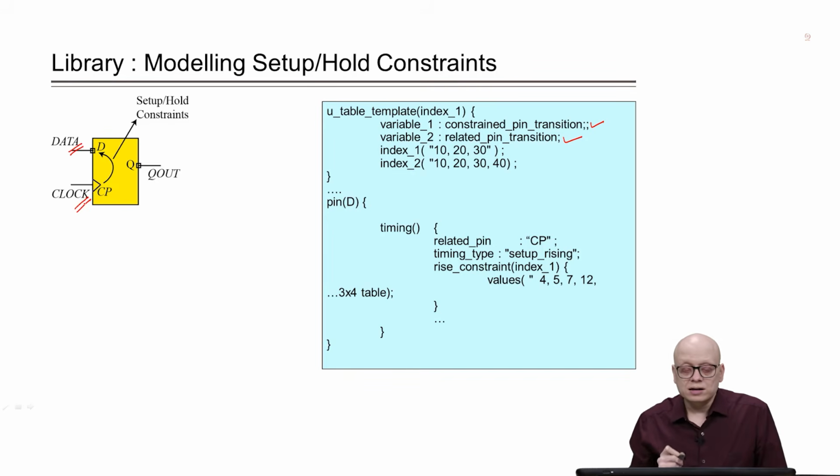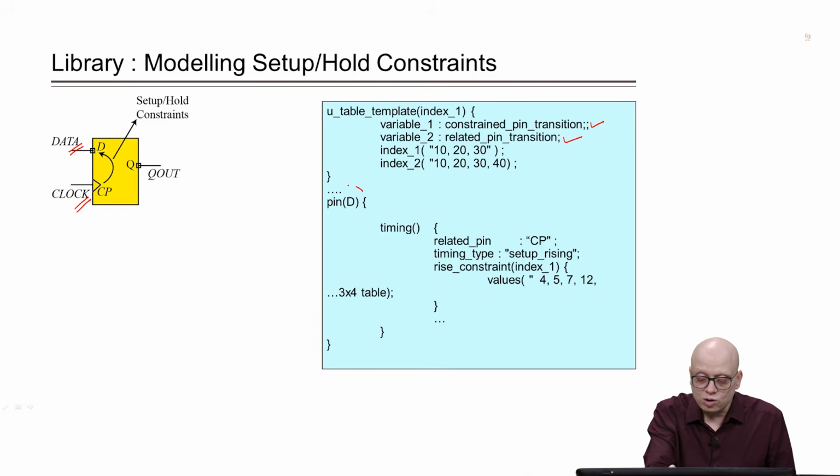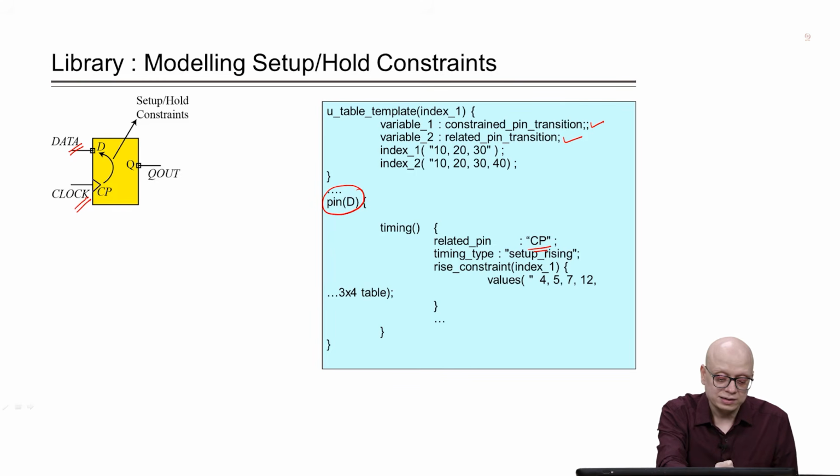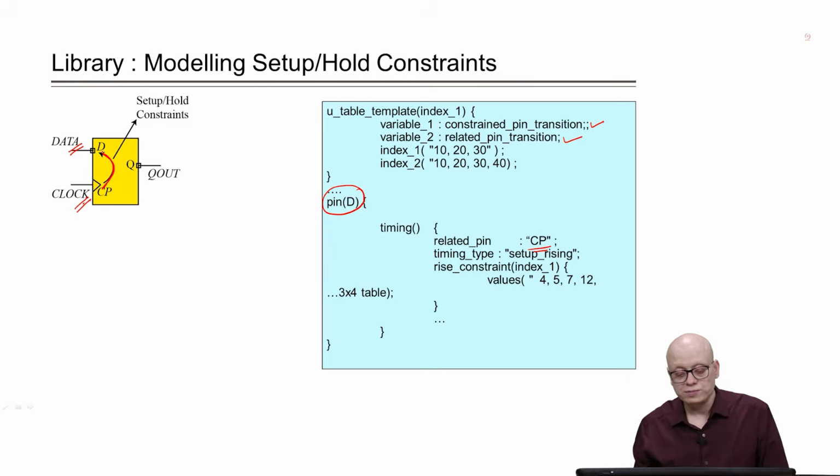And then the setup time is specified on the pin D, the data pin, and the related pin is the clock pin, and that is why there is an arc between these two. And since there are 3 values for constrained pin and 4 values for related pin, there will be a 3 cross 4 table for the rise constraint for the setup case.